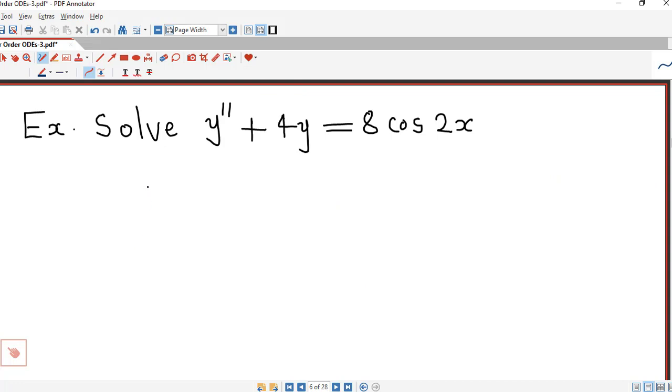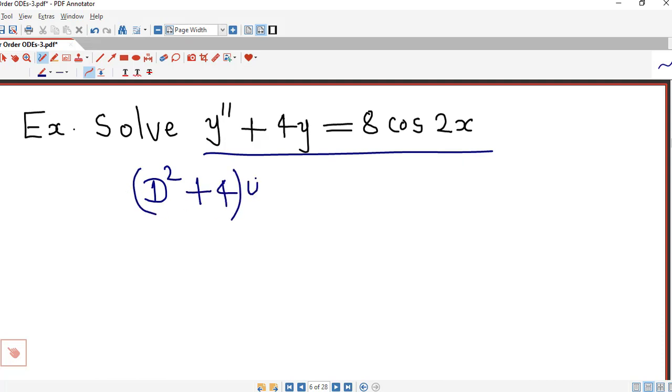We consider one more example. Here we are asked to solve the differential equation y double dash plus 4y equal to 8 cos 2x. So we can rewrite this equation as (D square plus 4) y equal to 8 cos 2x.